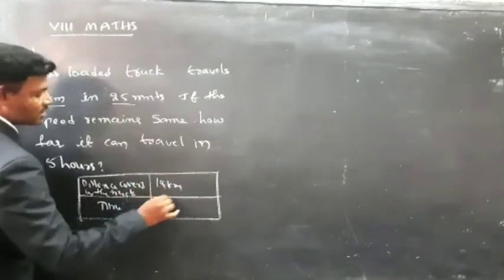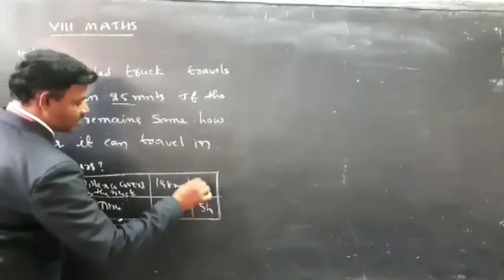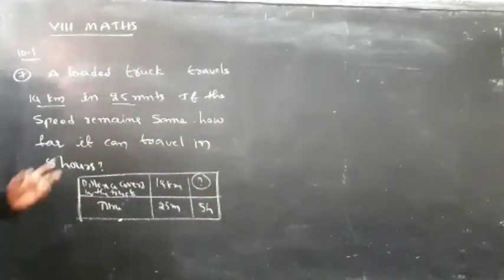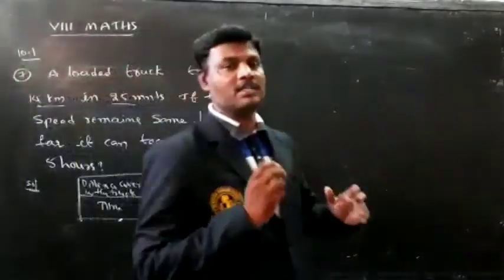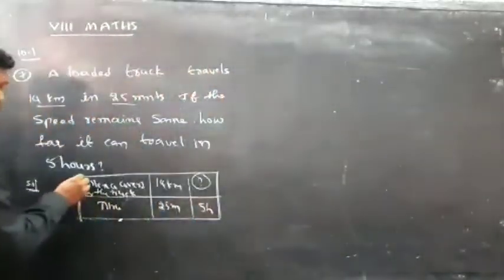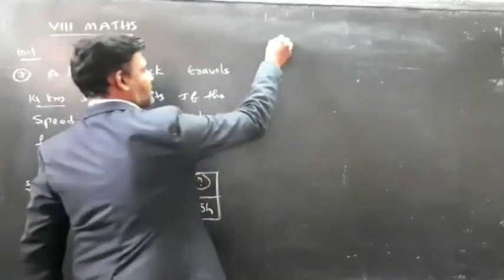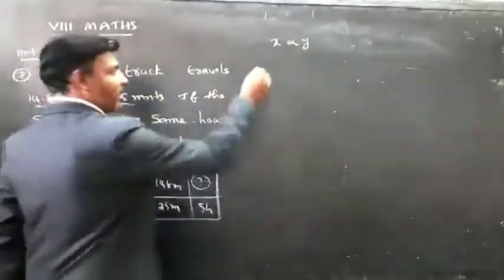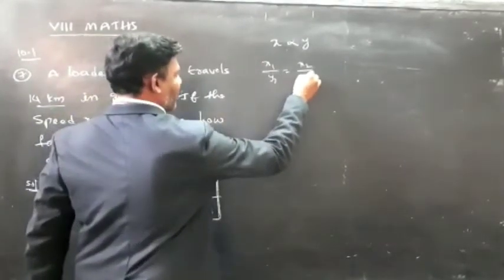Then, in 5 hours, you have to find how much distance is covered by the truck. Distance and time are always directly proportional to each other. So for example, I am taking x as the distance and y as the time. Here, x is directly proportional to y. Then we can write x1 by y1 is equal to x2 by y2.